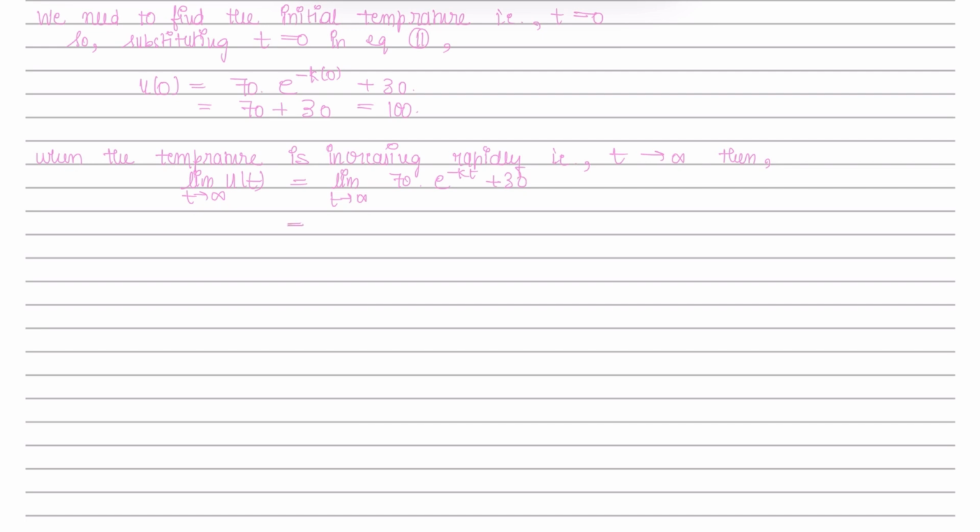This becomes 70 into 0 plus 30, and this becomes 30 only. So when the time is increasing rapidly, the value of u becomes 30.